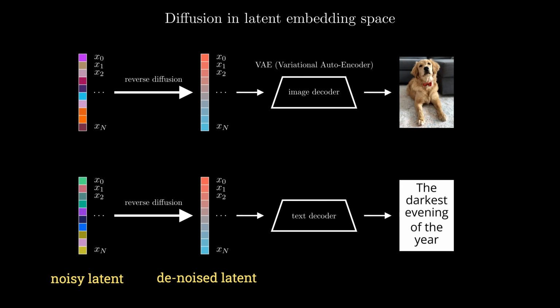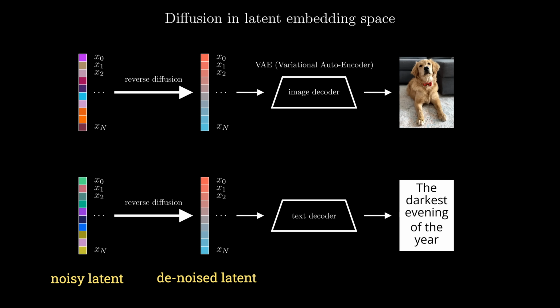For images, this is often a VAE decoder, where VAE stands for Variational Autoencoder. This can be a pre-trained, off-the-shelf model, potentially borrowed from previous work that had nothing to do with diffusion. High level, it consists of convolutions and upsampling layers that turn the n-dimensional latent into a two-dimensional matrix of pixels.